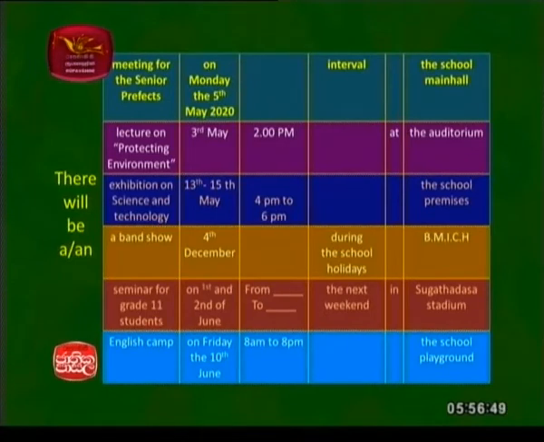දැන් එතකොට පළවෙනිම එක තමයි meeting for the senior prefects. ඊට පස්සේ date එකක් තියෙනවා, on Monday the 5th of May. ඊට පස්සේ interval එක කියනවා, the school main hall. Right. Shall I show you this, children? Now, you can see, I'm going to start writing one.